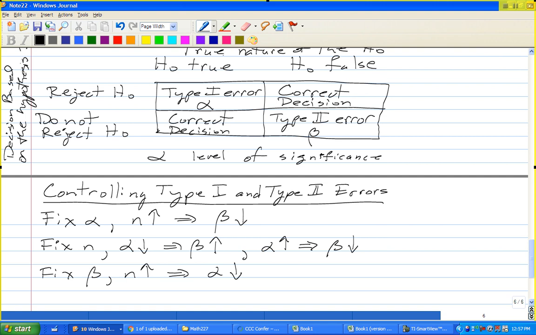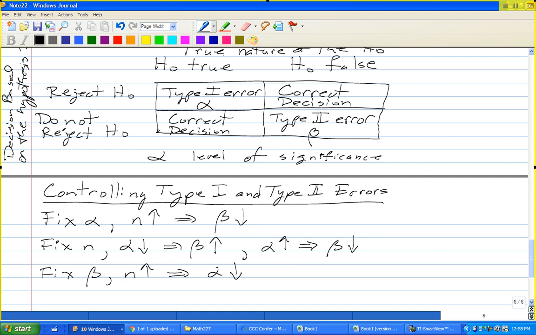The fewer type 1 errors you have, the more type 2 errors you have. The fewer type 2 errors you have, the more type 1 errors you have. So no matter what you do, if you decrease one, the other will increase. And so you can't make alpha too small or you'll increase beta. And of course you don't want alpha too big because you don't want to convict too many innocent null hypotheses.